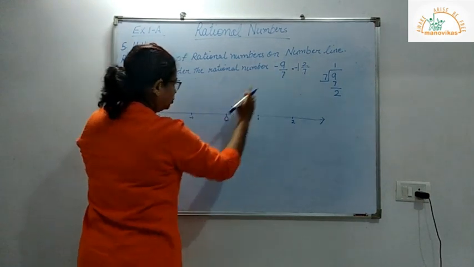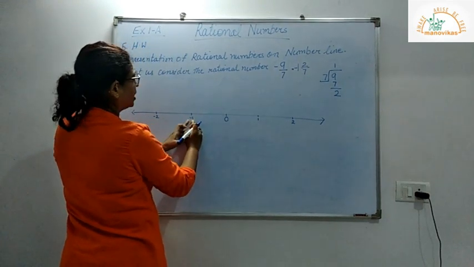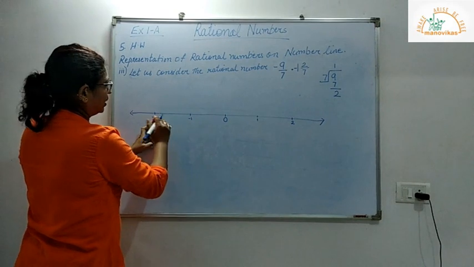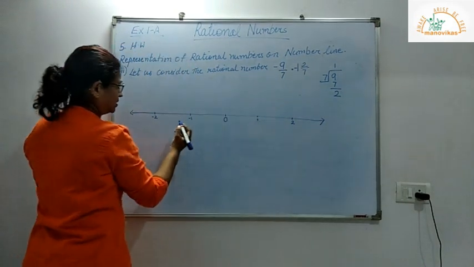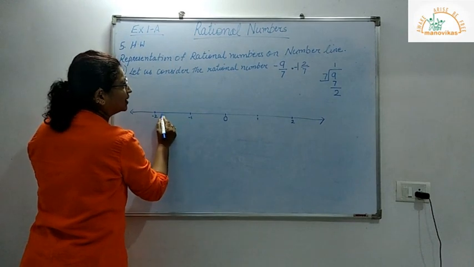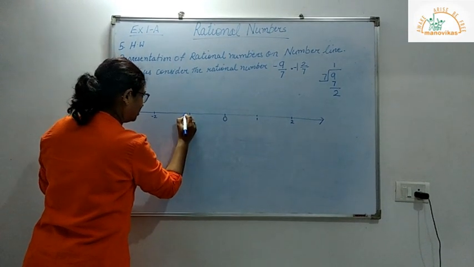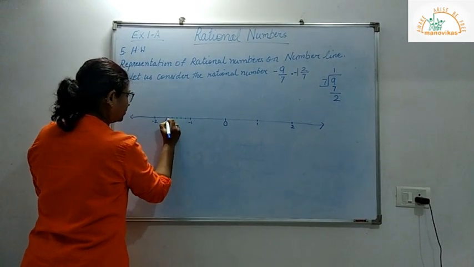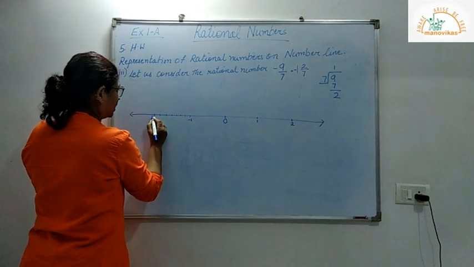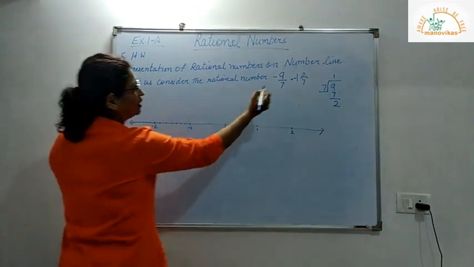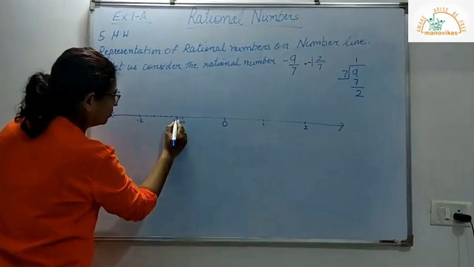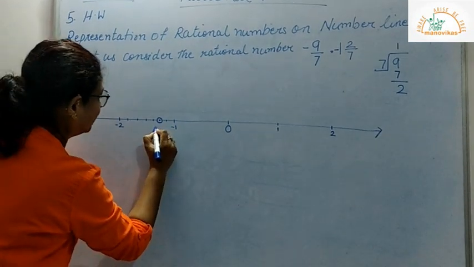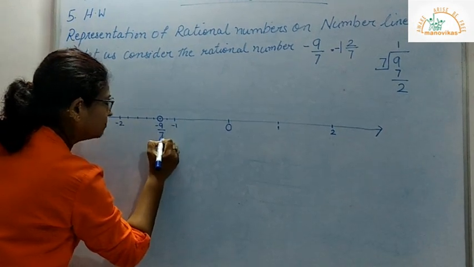First unit length is from 0 to -1, and the next unit length from -1 to -2 gets divided into 7 equal parts. So I have 1, 2, 3, 4, 5, 6 and my 7. So here it will come 2/7, so it will come here 1 and 2. So this point over here is -9/7.